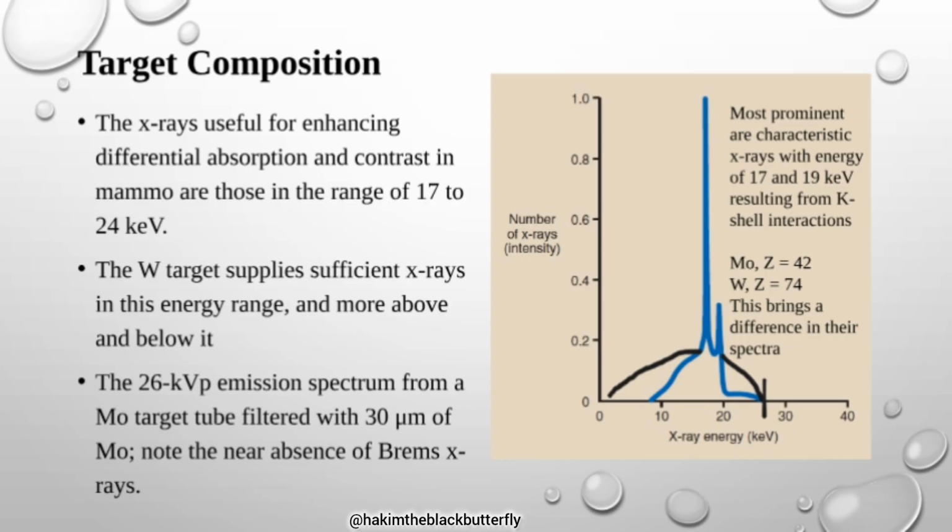This is normally used for small to intermediate-sized breasts or medium-sized breasts that don't need higher energies. So 17 to 19 can be used on the thin and medium-sized breasts, which is appropriate for those sizes.